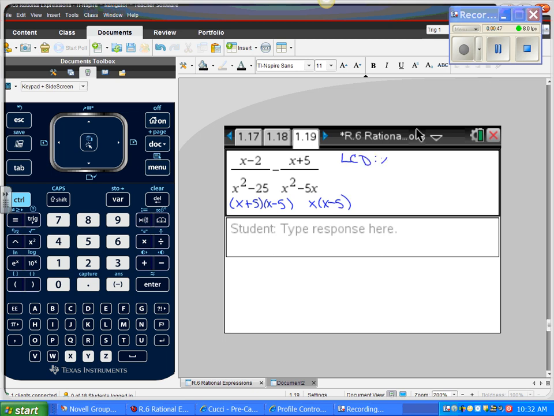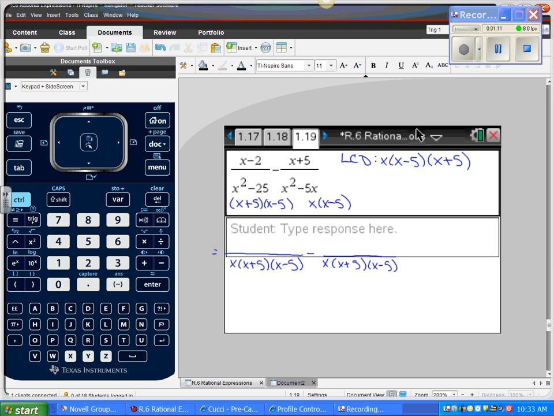I've got an x, I've got an x minus 5, and I have an x plus 5. There's my LCD. Okay, so now I rewrite x plus 5, x minus 5, minus x plus 5, x minus 5.